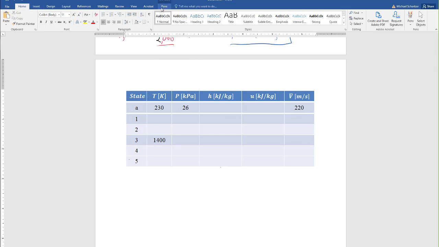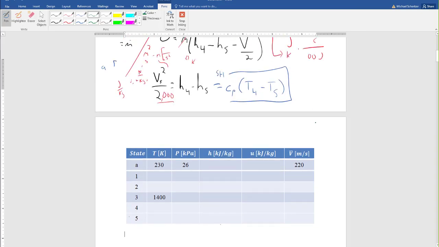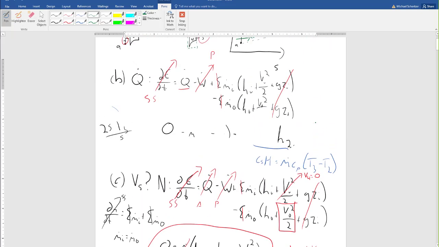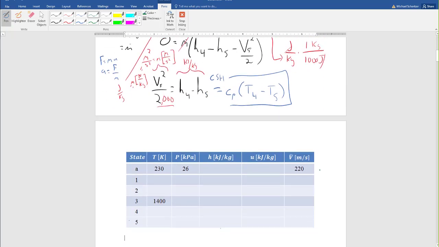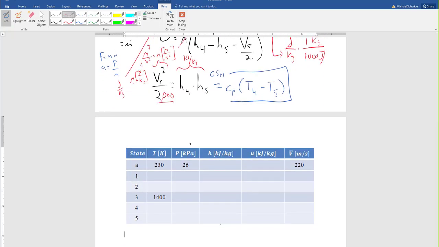In particular, the stuff that I need to get answers. If I'm going to do a variable specific heat analysis, then the things I definitely need are H2 and H3, and here I need H4 and H5.